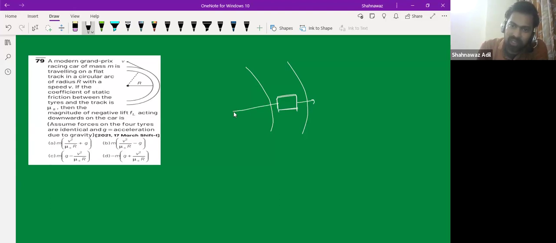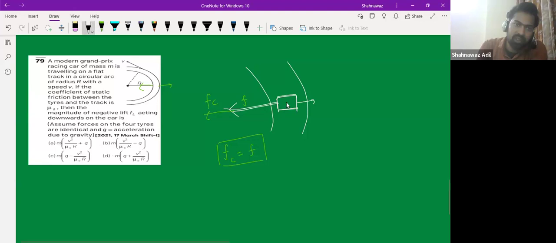So what is providing the centripetal force so that it is not slipping? Friction, right? Yes, correct. So friction is providing the centripetal force.